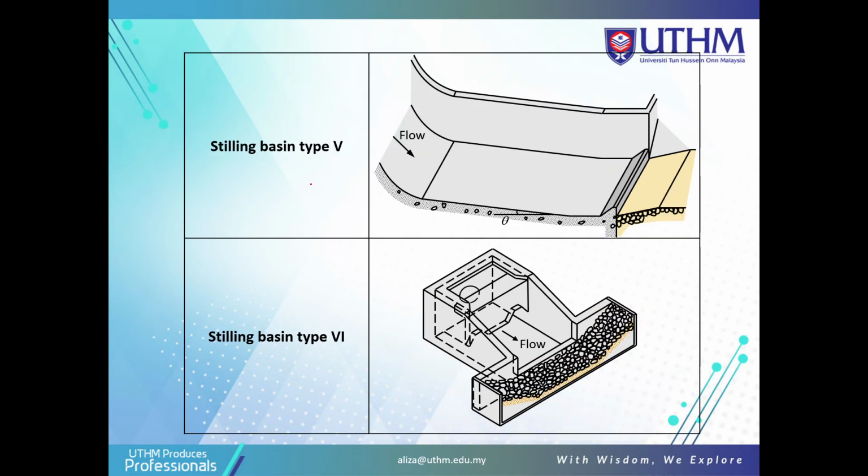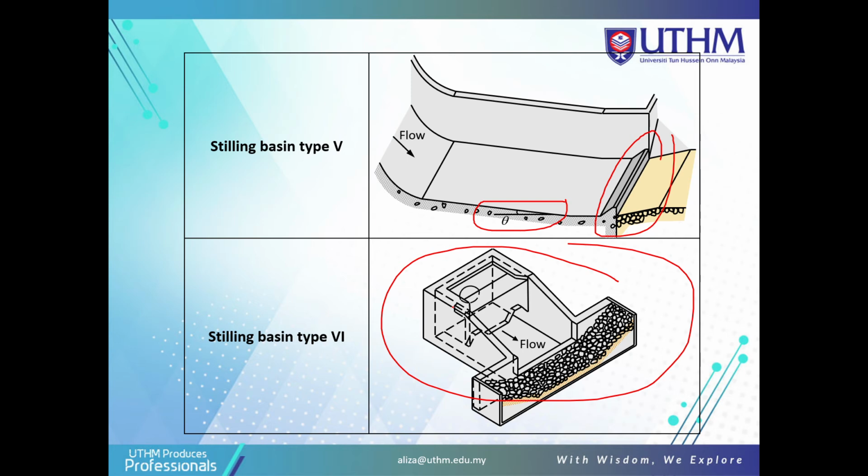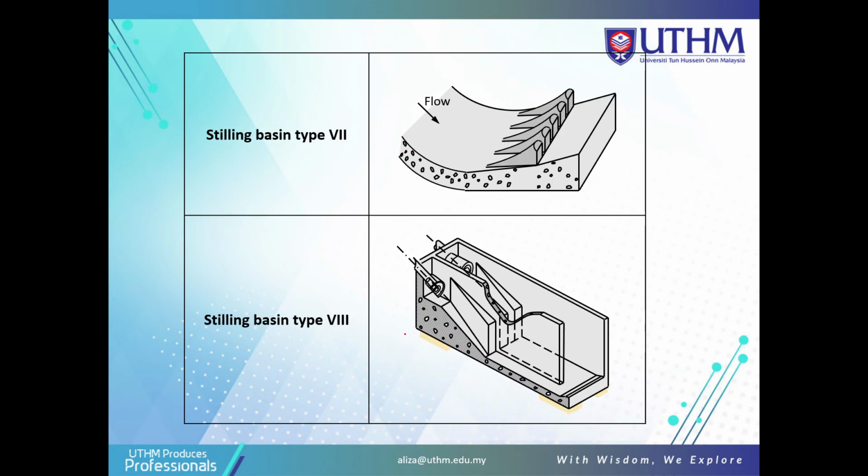Stilling Basin Type 5, they just only have this one, and the angle here. Stilling Basin Type 6 is like this. So you must remember the Stilling Basin types. Type 7 is based on this, and Type 8 is based on this one.